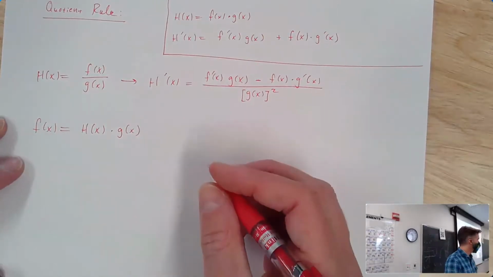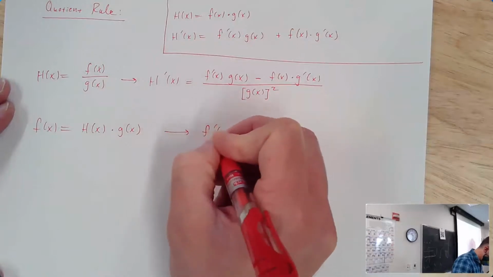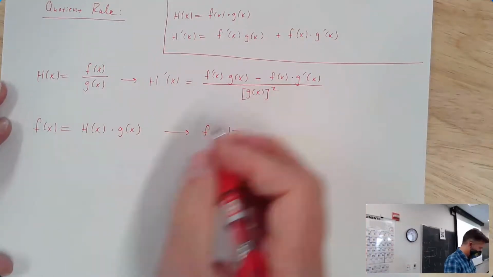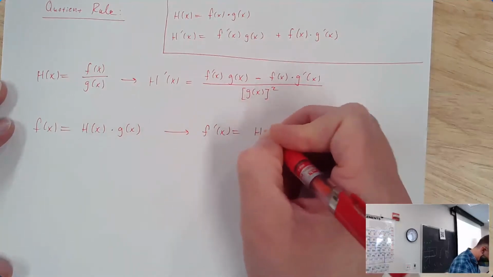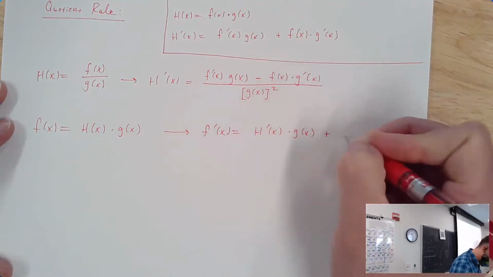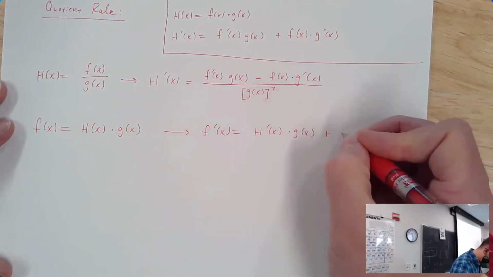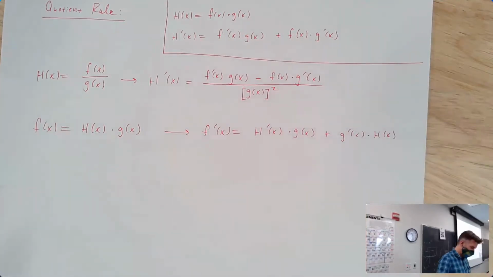Let's use the product rule. So f prime of x is equal to h prime of x times g of x plus g prime of x times h of x. That might not be the normal order, but that's fine.